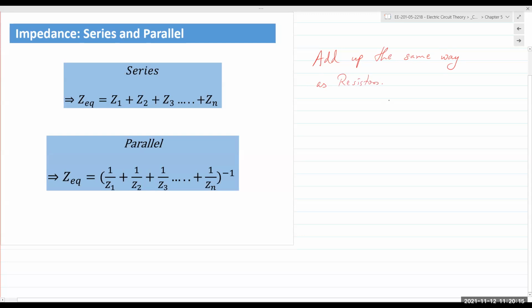So if you have 2 or more impedances in series and you want to find ZEQ, the total equivalent impedance between any 2 points, you simply add them up, Z1 plus Z2 plus Z3 and so on. If you have multiple impedances in parallel, you take the reciprocal of the sum of the reciprocals. So 1 over Z1 plus 1 over Z2 plus 1 over Z3 and so on. Okay.